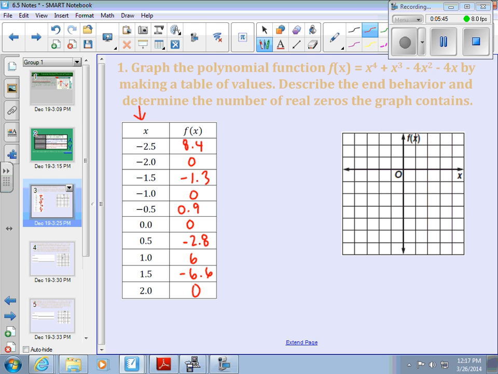So let's graph these points now over on our graph. And some of them you got to estimate a little bit, but it'll give us a pretty good idea of what we have here. So at -2.5, it's going to be 8.4, which is a little bit off our graph here. So it'd be 4, 5, somewhere up here.